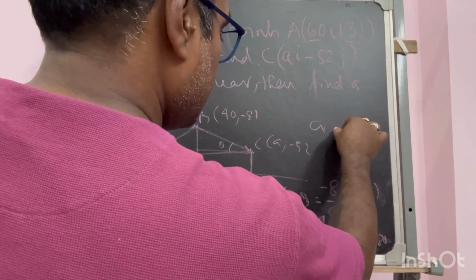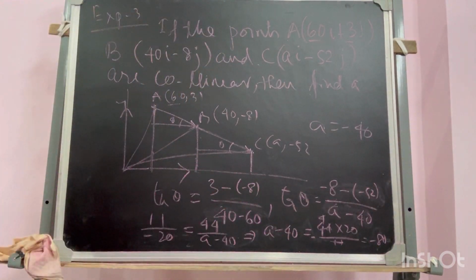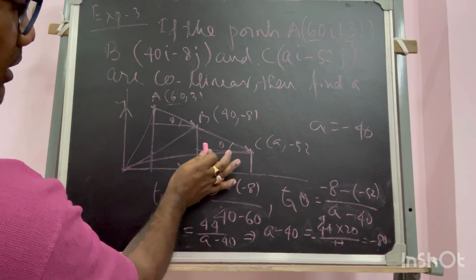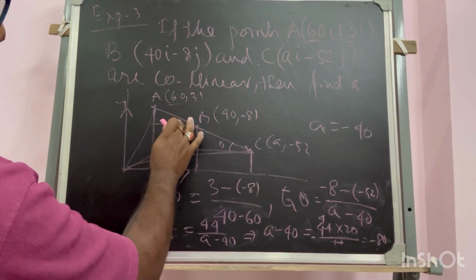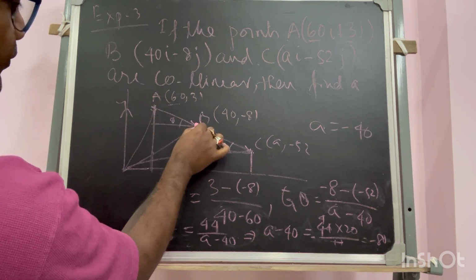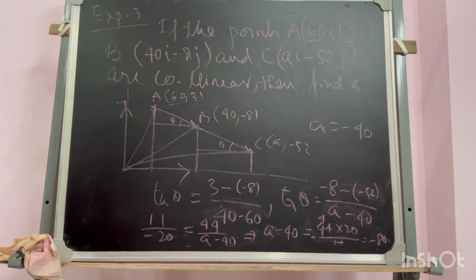So A is equal to minus 40, because A will be that. So your value of A will be that. There I have physically represented the slope, because if it is in the same line, the slope of the line joining these 2 points has to be the same.